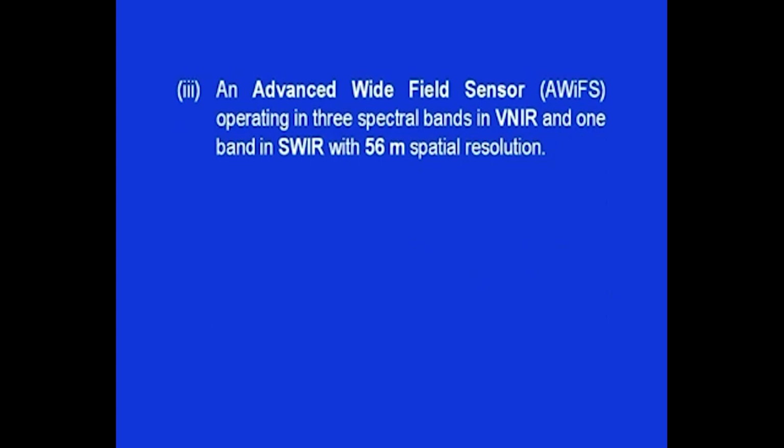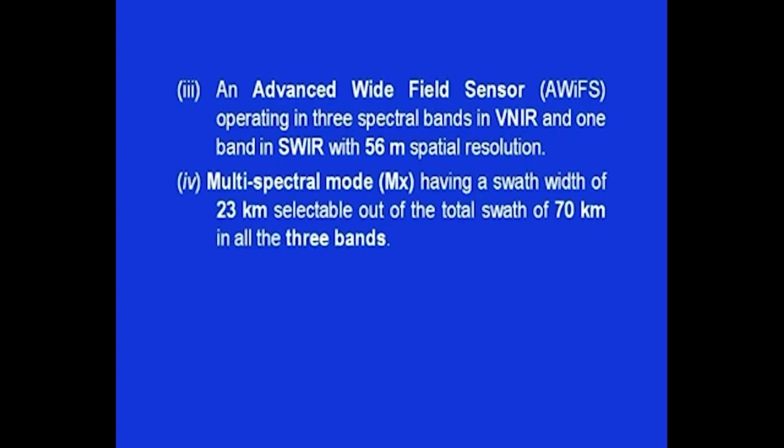An advanced wide field sensor or AWiFS operating in three spectral bands in VNIR and one band in SWIR with 56 meter spatial resolution. The multispectral mode, or as it is known as MX, having a swath width of about 23 kilometers, selectable out of a total swath width of 70 kilometers in all the three bands, is possible.